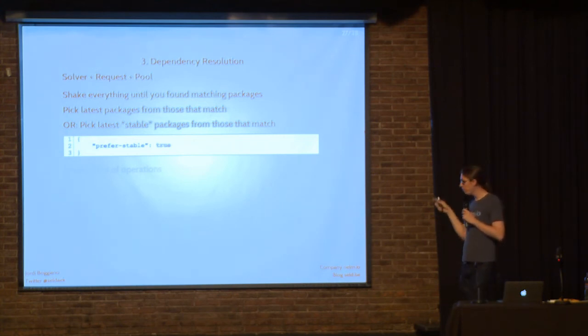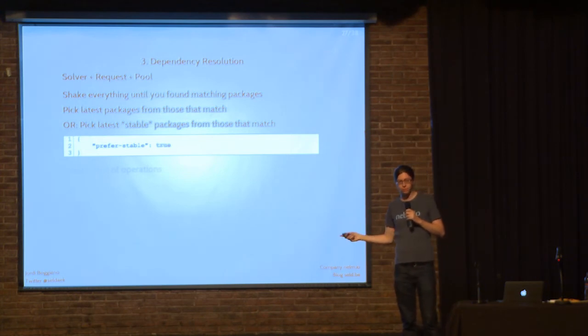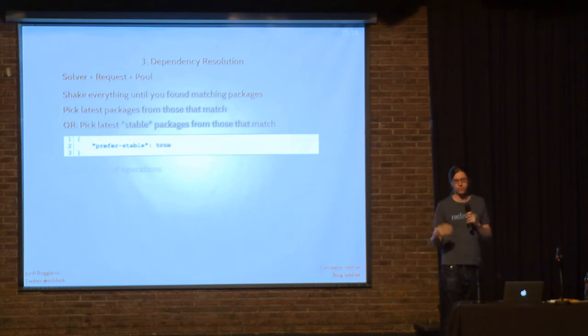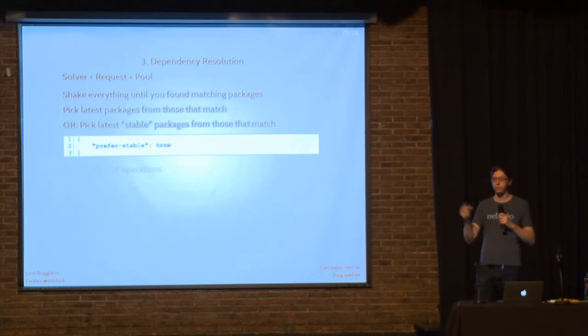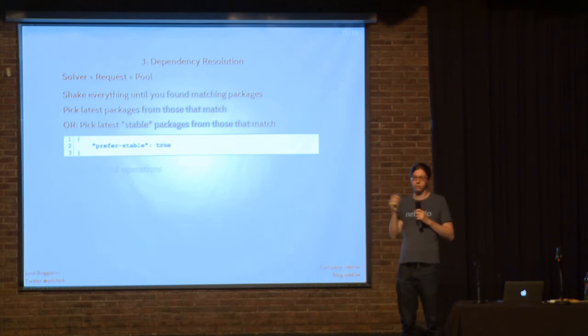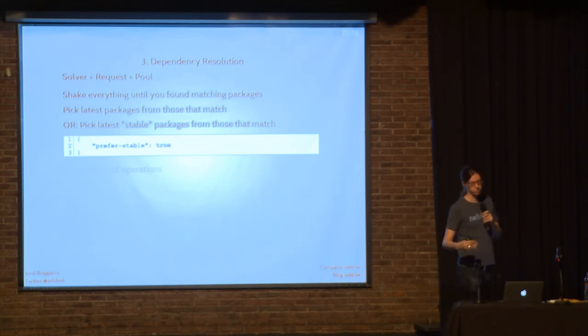So for example, if you combine this with minimum stability dev, by default you wouldn't get any dev installed anymore unless you really need one. So if something requires dev master, it will get installed, but if it is required as just a wildcard, so any version is fine, then we'll take the latest tag that is the most stable.